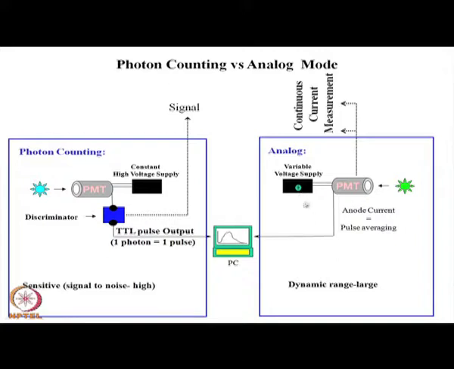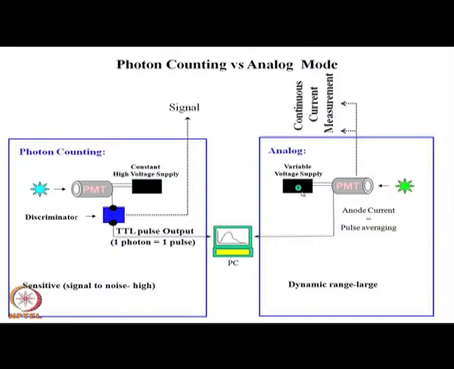Here we have the PMT, and this is your light source, and the emission is accepted by the PMT, and there is a variable voltage supply depending on whether your intensity of emission is very weak or strong.